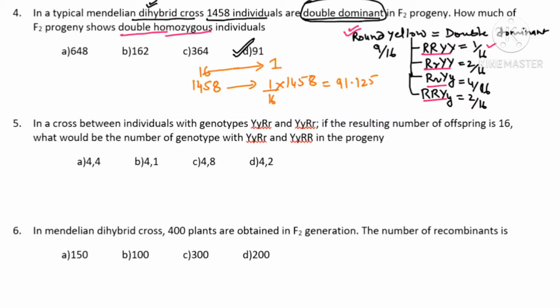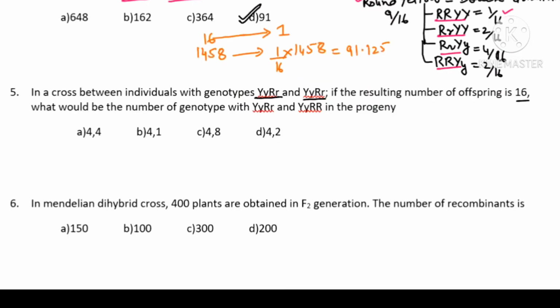Now see the next question. In a cross between individuals with this genotype, both are heterozygous, if the resulting offspring number is 16, what will be the genotype with this and this in the progeny? Again, you have to just think simply. This is going for selfing, and they are asking what is the probability of this genotype. First one, and second they have given this one. Carefully try to understand.